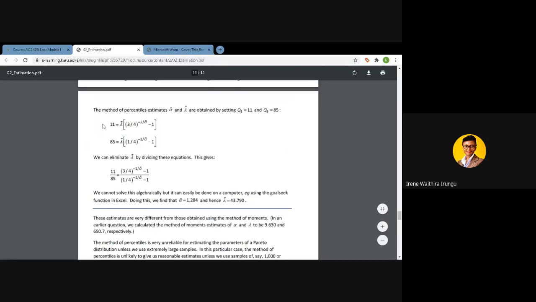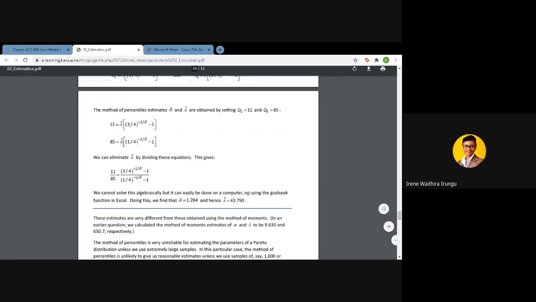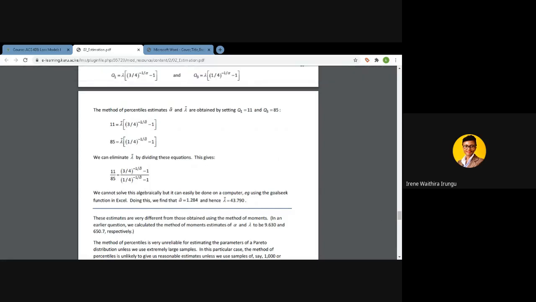Once you do that, substitute for Q1 and Q3. Then from here, you can eliminate your lambda by dividing these two equations, so that you have this as your new equation.